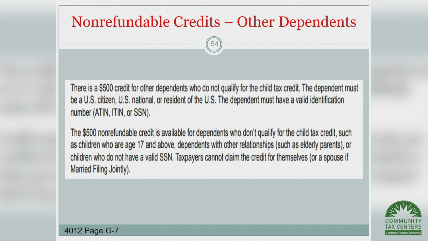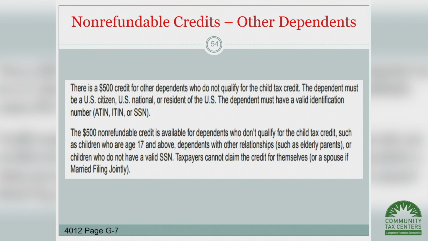So the non-refundable credit for the child tax credit is a $500 credit for other dependents who do not qualify for the child tax credit. The dependent must, this is another credit, I misspoke. The non-refundable credit for other dependents is another tax credit.